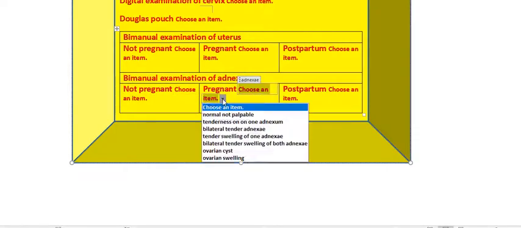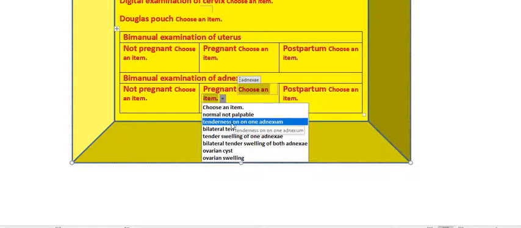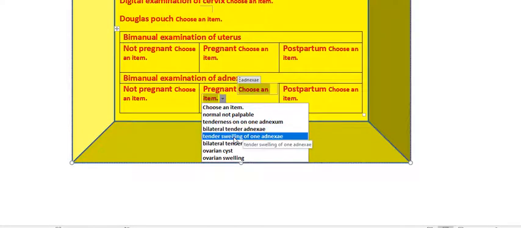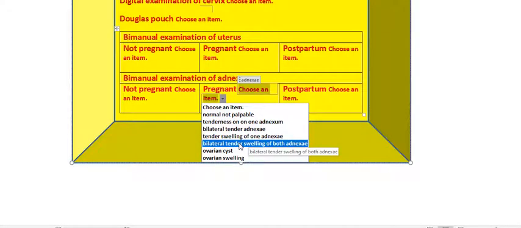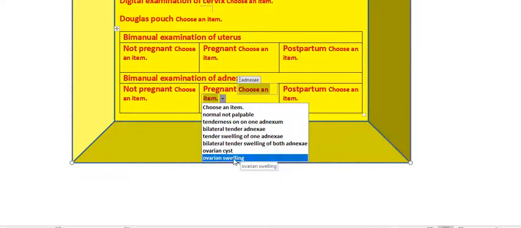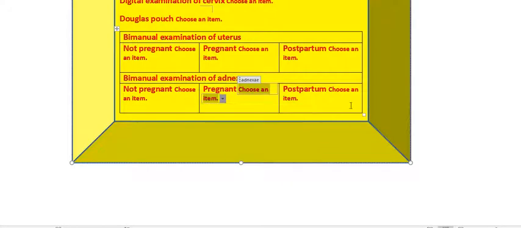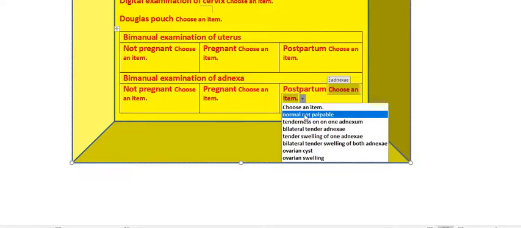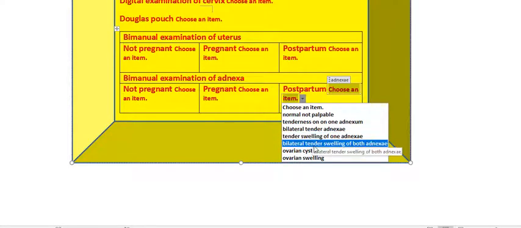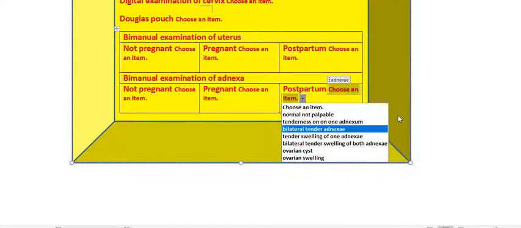In case the patient is pregnant: normal uterus, or tender one adnexa, or bilateral tender adnexa, or tender swelling of one adnexa, or bilateral tender swelling of both adnexa, or ovarian cyst, or ovarian swelling. In case of postpartum cases, the normal adnexa is not palpable, or tender on one adnexa, or bilateral tender adnexa, or tender swelling of one adnexa, or bilateral tender swelling of both adnexa, or ovarian cyst, or ovarian swelling.